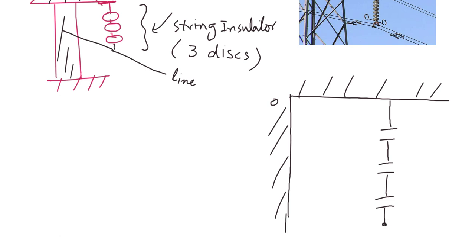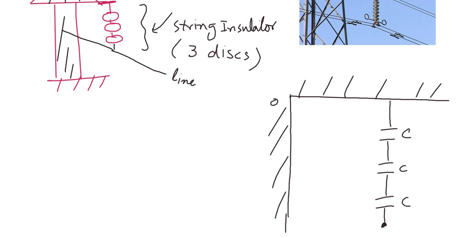All the insulators can be modeled as a capacitance. Sometimes we put a conductance in parallel with the capacitance, but conductance is really negligible, so most of the time we ignore it. Here we say they are identical disks and the capacitance of each disk is C.